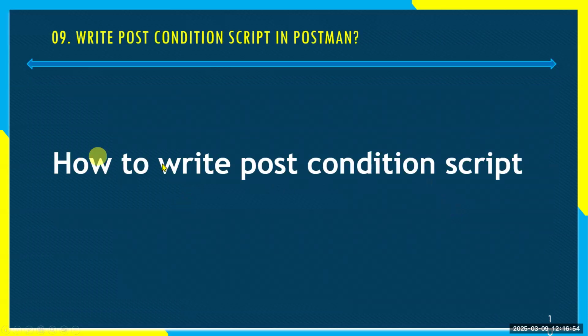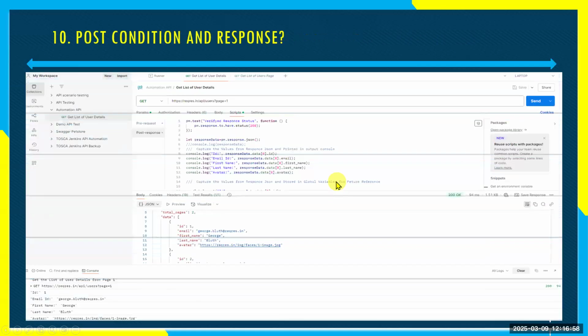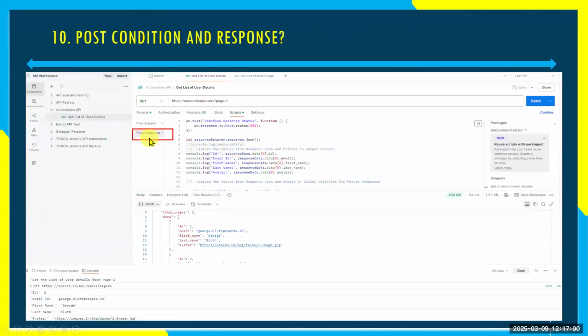Then how to write post conditions. Before sending the request, you have to go to the post response, the post condition. You just have to verify the status. So pm means Postman test: verify response status code. If the status code equals 200, the test case passes.